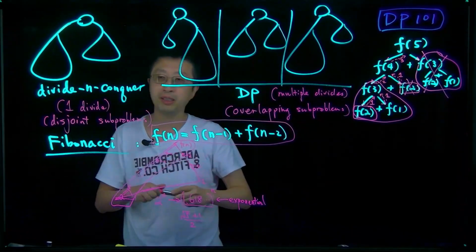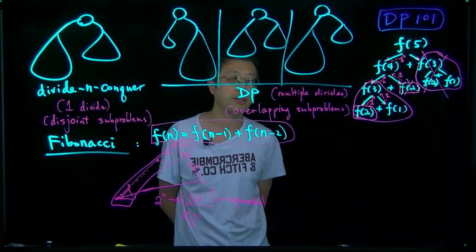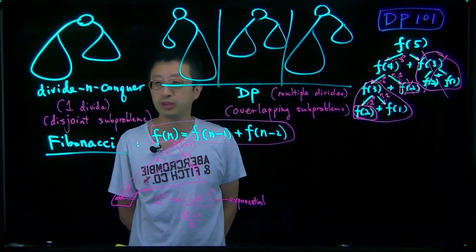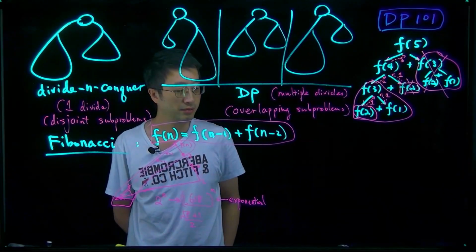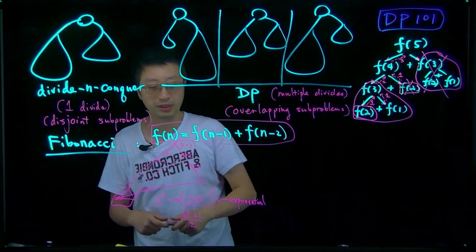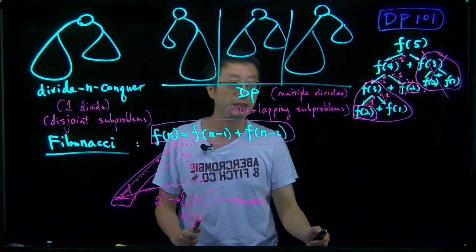And can anybody tell me what is the much faster way of solving the Fibonacci? Probably without recursion, right? Back in your very first course in computer science or programming, you know how to write a for loop.